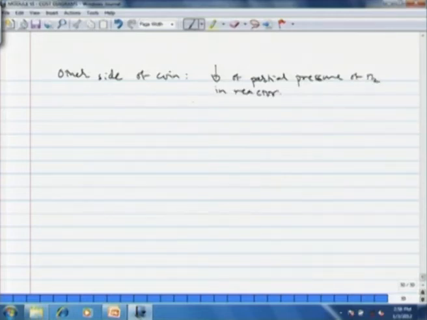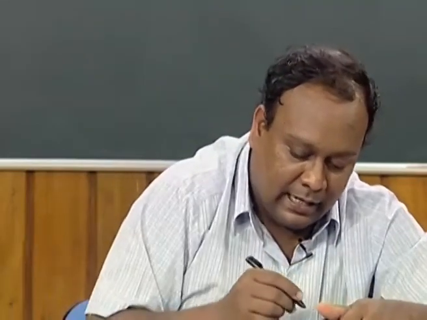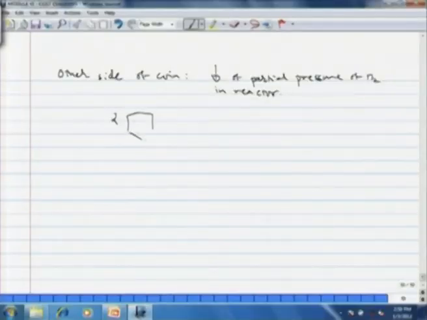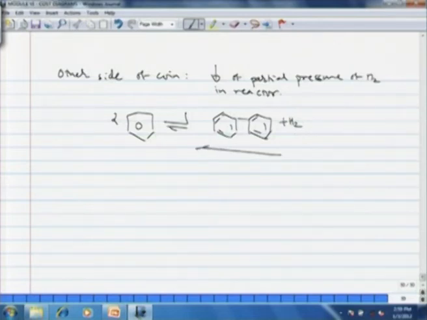Now, if this happens, then the conversion of toluene will not be complete, that is, per pass conversion will decrease, and secondly, hydrogen appears on the right hand side of the undesired reaction. Okay. Now, if hydrogen partial pressure is reduced, the equilibrium will shift towards the diphenyl side. So, more of diphenyl will be formed. So, that is the other side of the coin.